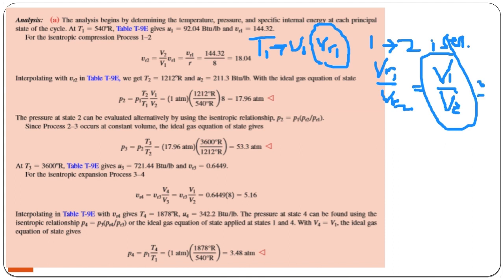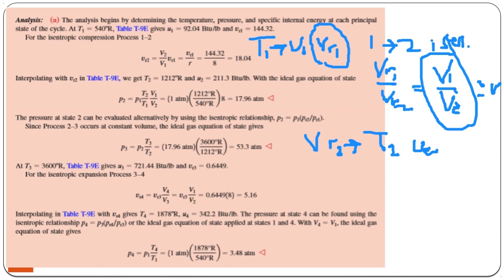Once we have VR1, we can calculate VR2. From VR2, we go to the table and find T2 and U2 from table.